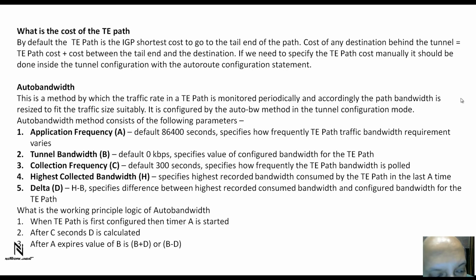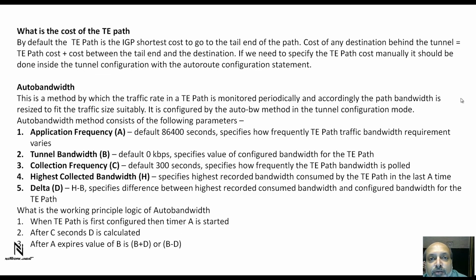Collection frequency, default is 300 seconds, that means 5 minutes, specifies how frequently the TE path bandwidth is polled. Right. Now there must be a mechanism. A little while ago I was raising a question as to how an intelligence is imparted into the system, that yes, my bandwidth requirement has become low, so I need to shrink the path.